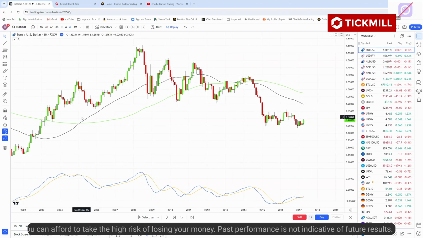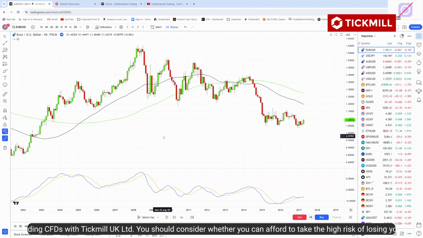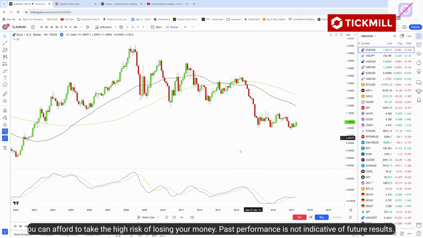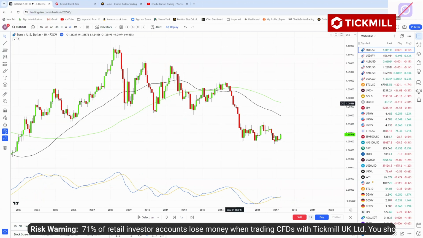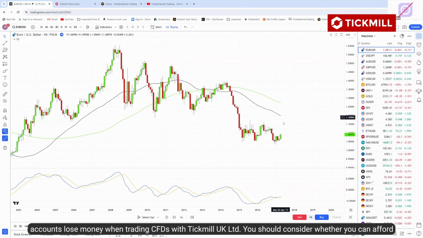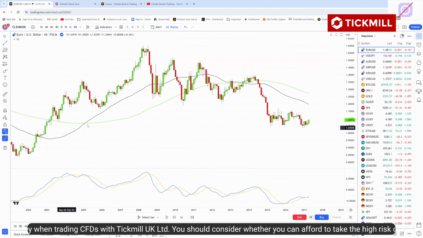The black moving average is a 50-period moving average, and the green moving average is a 100. They are what are going to come into play with regards to targets. Really, it's only going to be the 100, but I'll leave the 50 on because a lot of people use a 50-period moving average.